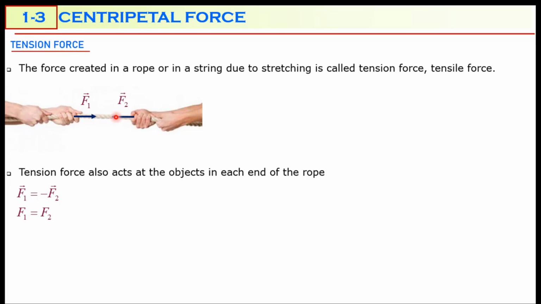F1 and F2 are opposite in direction. As you see, I put a negative sign. This negative sign indicates that these two forces are opposite in direction. But what about their magnitudes? Their magnitudes are equal. F1 acts on this hand, F2 acts on that hand, so they are equal in magnitude.